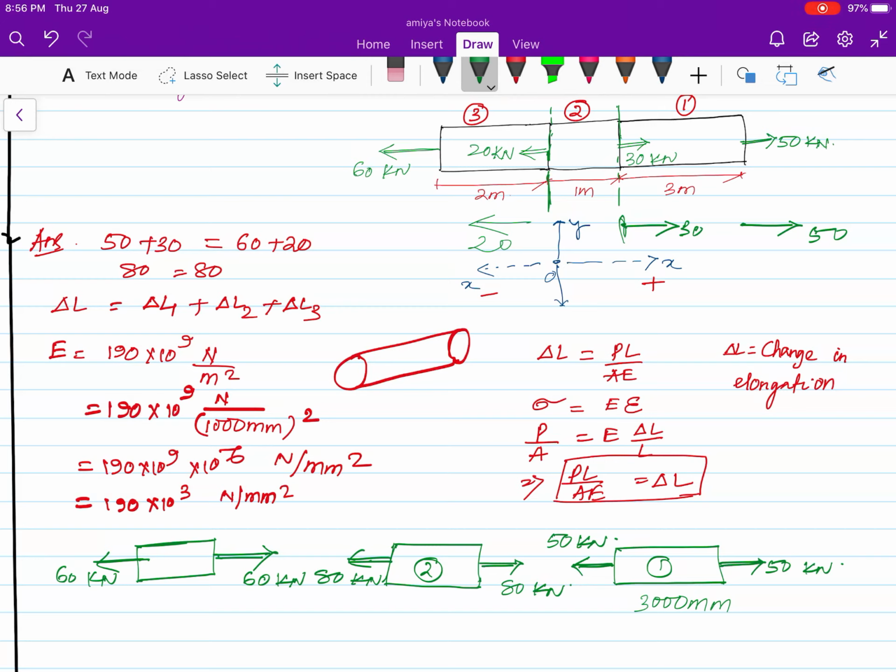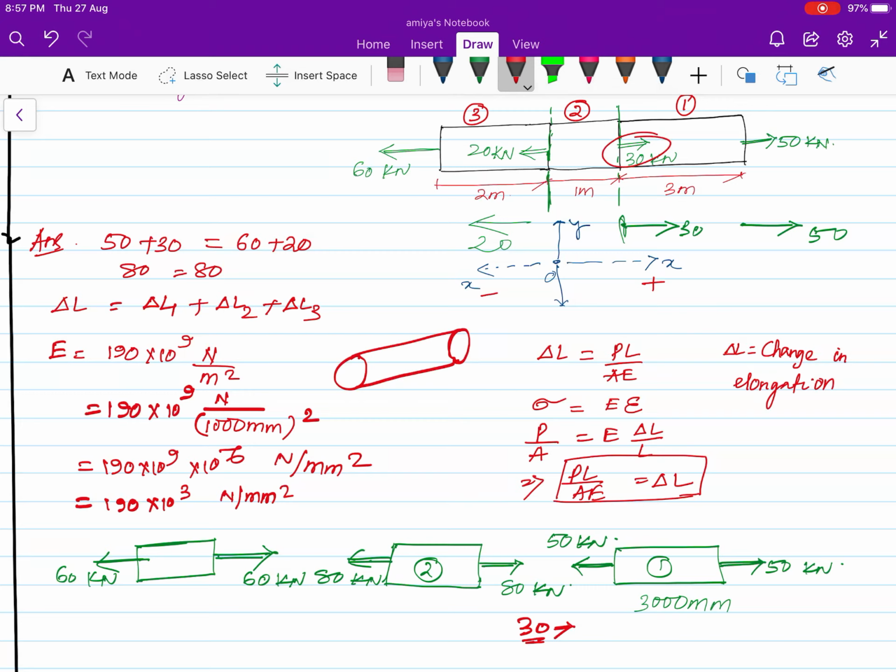Now you can see here 80 is going in the positive direction and 50 in this direction, so the magnitude will be 30, since the magnitude of 80 is higher. So at the intersection point 30 will be going like this.